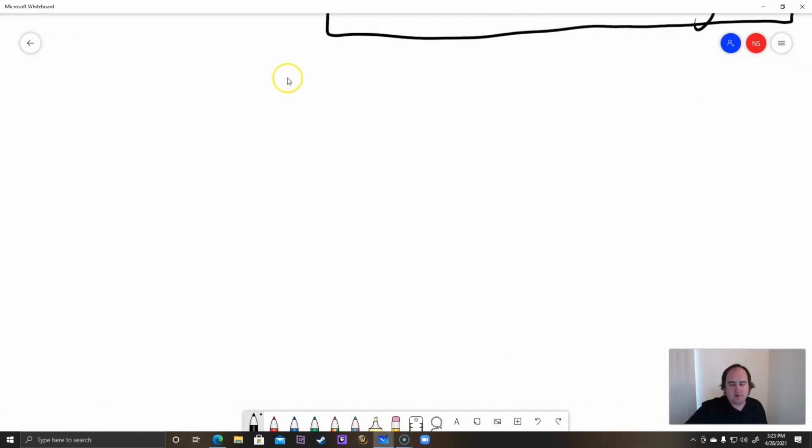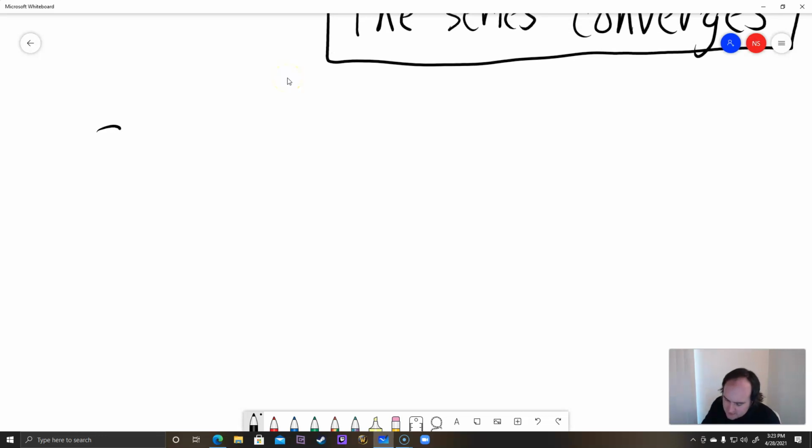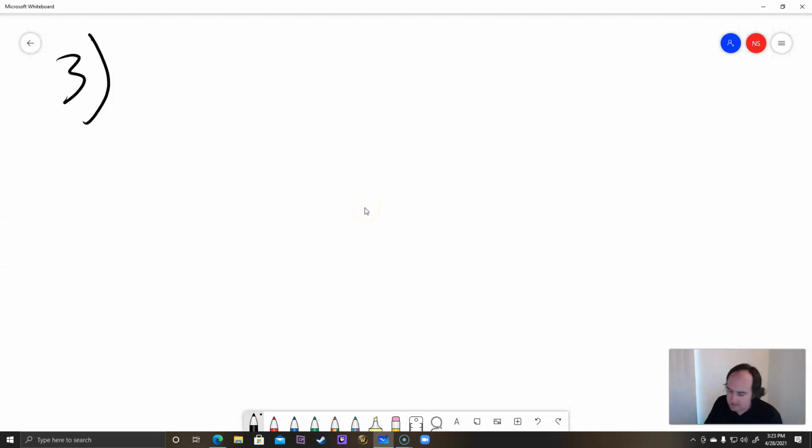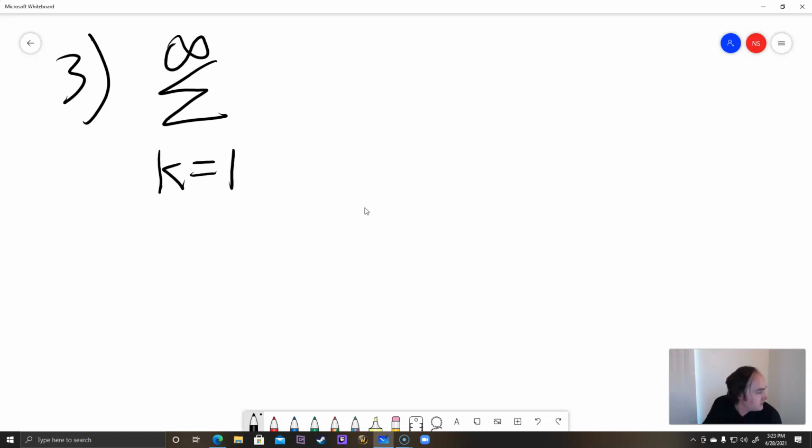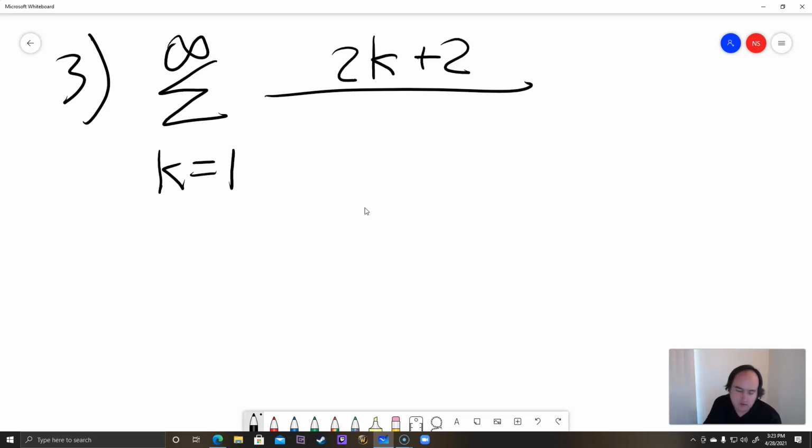So that was example number 2 for the integral test. This next one is example number 3. Okay, so for example number 3, we have the sum from k equals 1 to infinity of 2k plus 2 all over k squared plus 2k plus 7.